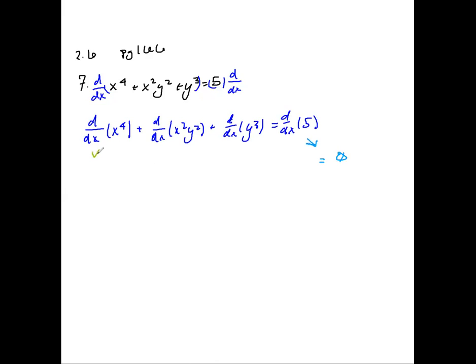This one, we're just going to take the derivative normally. We'll end up with 4x cubed. And then for the sake of keeping track of what's going on, we'll say dx dx, taking the derivative of x with respect to x, which will be 1.